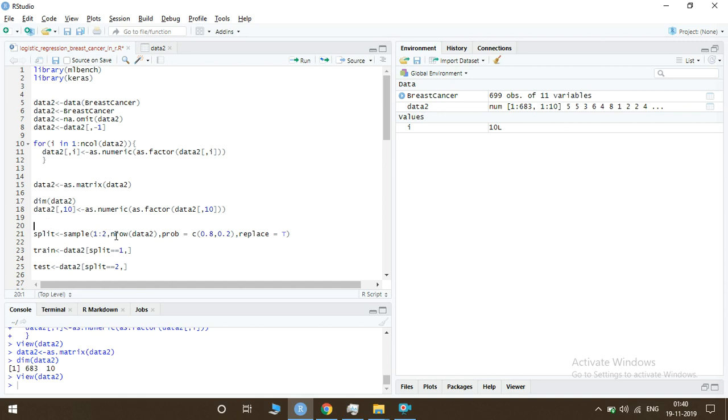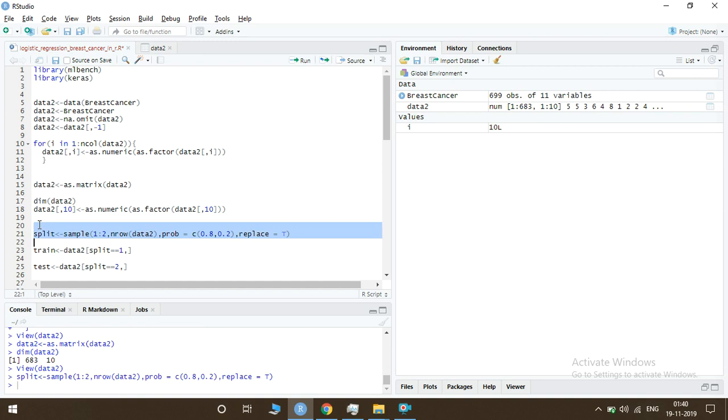I've done two partitions, then nrow stands for the number of rows. Another thing you have to specify is the probability. Suppose I want to divide my data set 80 to 20%. That means 80% would be my training data set, 20% would be my testing data set, and replace it by 2. So let's run this command.